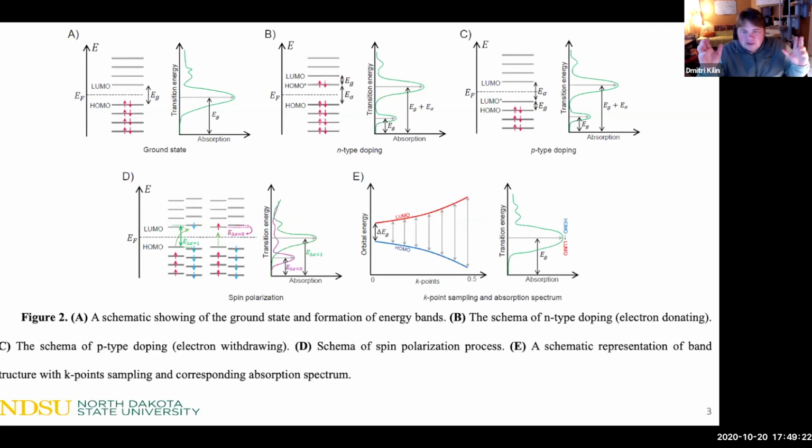But in experiment, it is a process that often happens. Now let's go forward to the next slide.